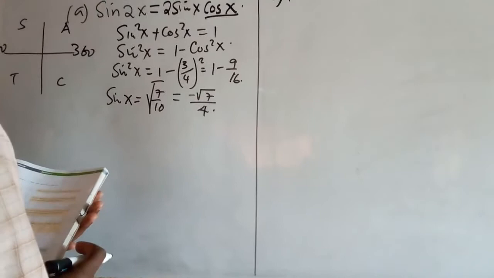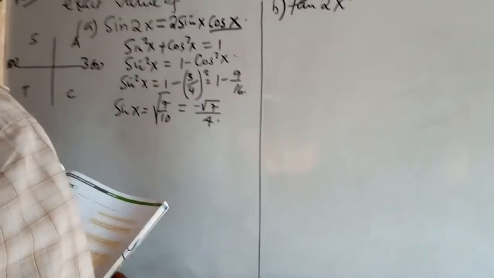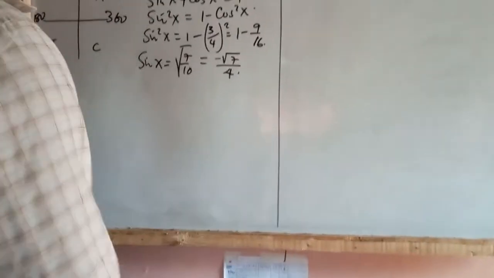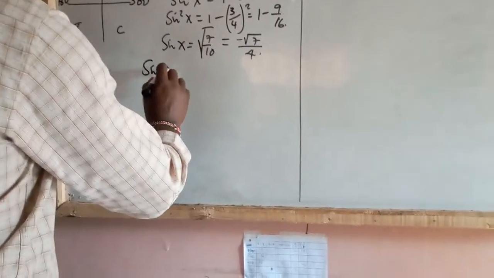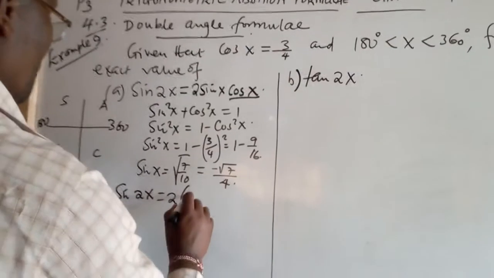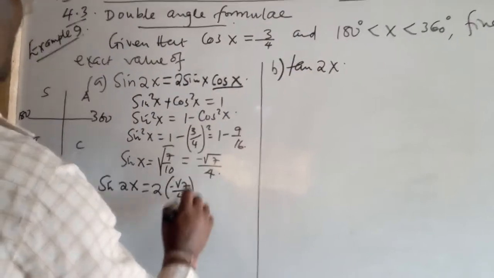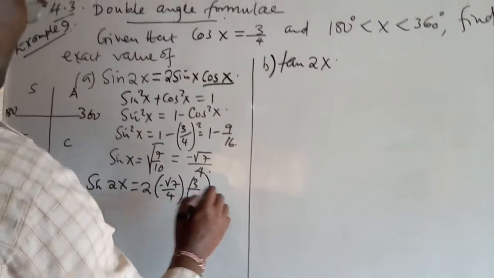What does that tell us? That tells us that the sine of 2x is 2 sine x, which is minus root 7 over 4, multiplied by the cosine of x, which is 3 over 4.